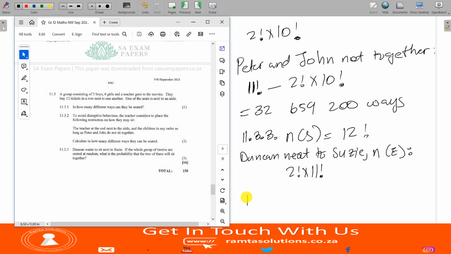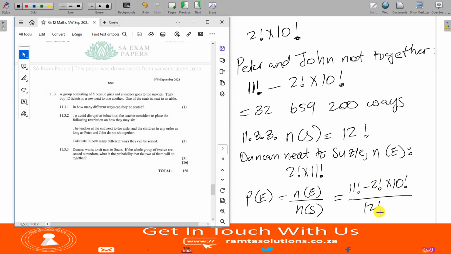All right. Now the probability of this event, which is Duncan next to Susie, will be, of course, what is this? Allow me to write it as 11 factorial minus 2 factorial times 10 factorial all over 12 factorial. You guys get your answer? What is it? Oh, my mistake. You see now, I'm looking at 11.3.2. This was what?